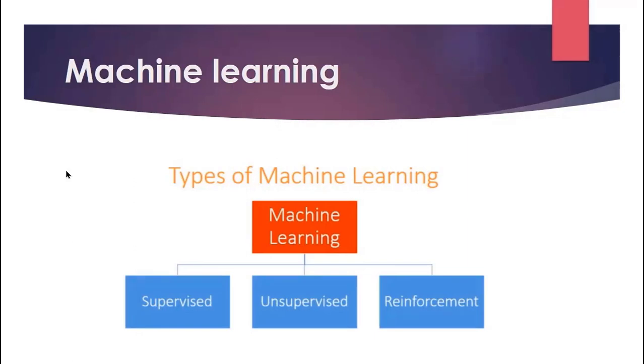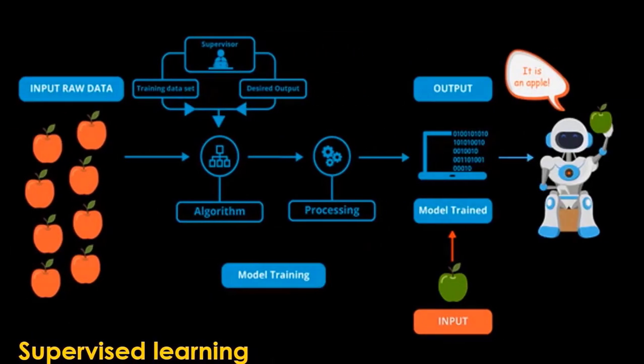As I said, machine learning has three types: supervised learning, unsupervised learning, and reinforcement learning. In supervised machine learning, to train the machine, we first give it some labeled data.